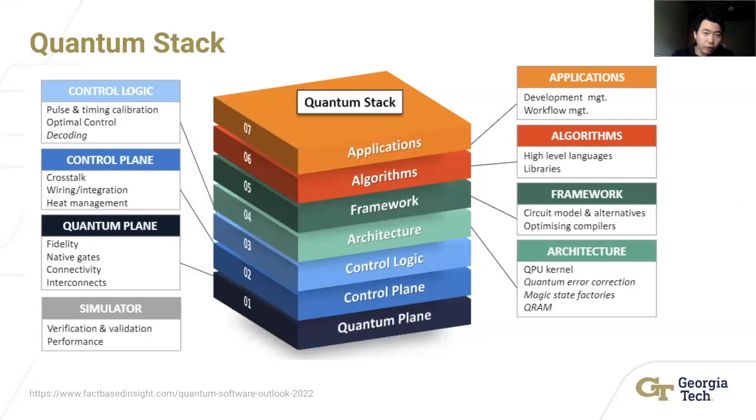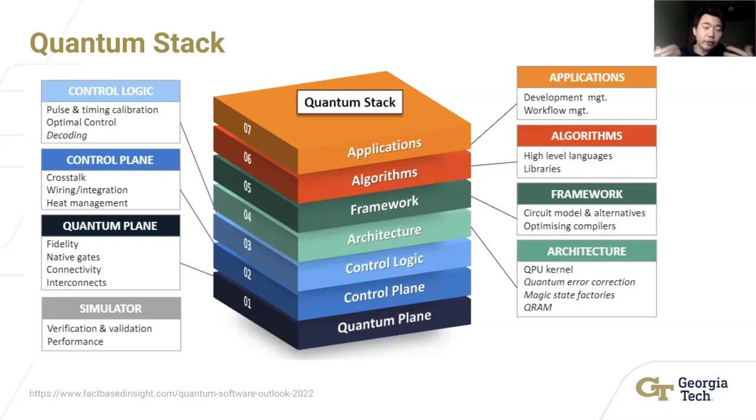There are many levels, let me quickly go through this. Suppose you have an application, you want to find the ground state energy of a very complicated molecule. This could help you predict chemical reaction speed. And the algorithm you use will be VQE, the Variational Quantum Eigensolver we mentioned before.